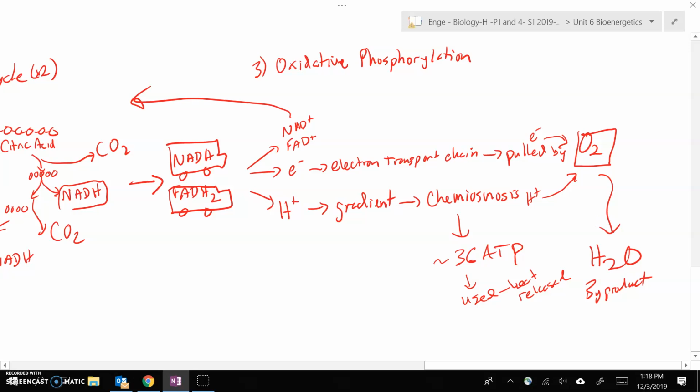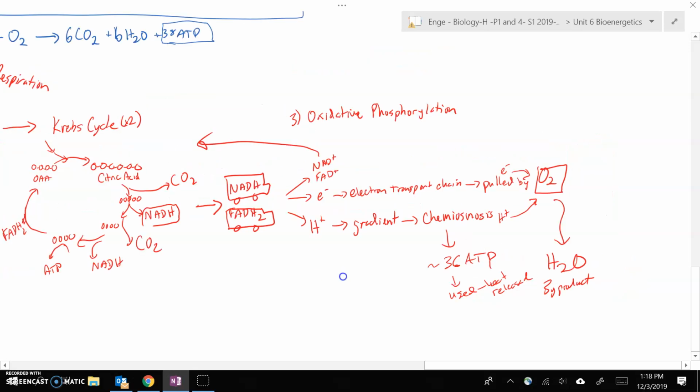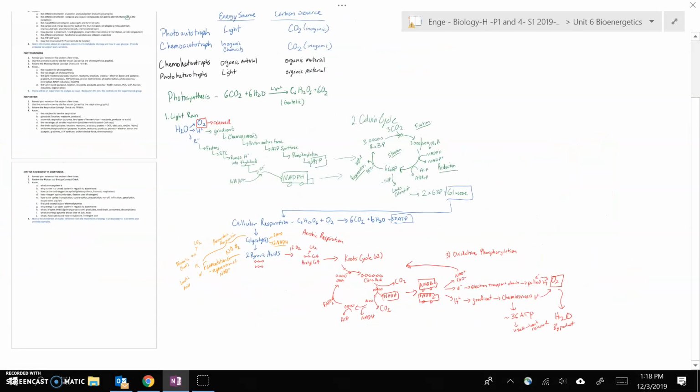All right, so the energy has now flowed through our system from the light up here into the glucose, and then we broke it down into ATP in many steps of the way here, and then that ATP releases it as heat.